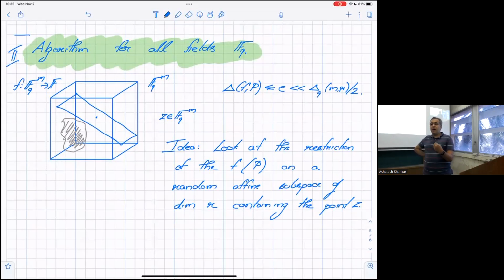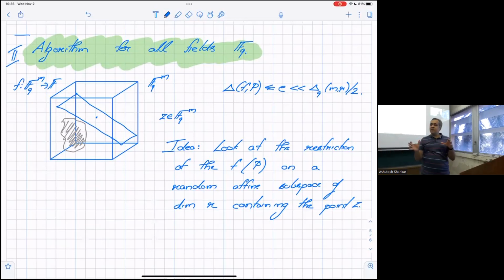Every other point in the affine subspace is a uniformly random point as I range over all possible random affine subspaces, because as I move this affine subspace around, it uniformly covers the entire space. Every other point will get equally covered by these affine subspaces. Therefore, for every other point, the probability that it's correct or wrong is exactly the fraction of errors.